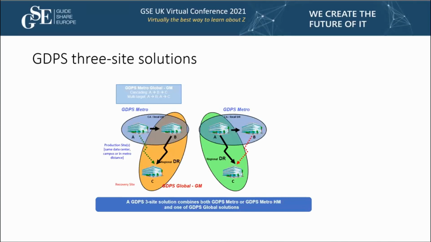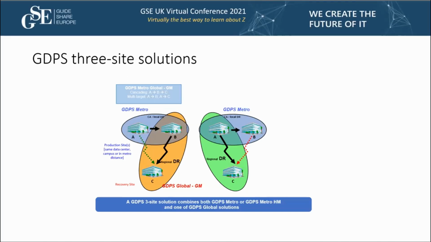So we just saw that GDPS Metro provides continuous availability thanks to the hyperswap and local disaster recovery. Because of technical limitations, such as latency induced by the synchronous replication or cross-site coupling facility communication, the distance between the sites in the GDPS Metro solution is limited.